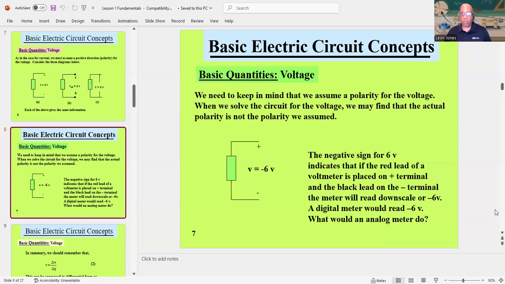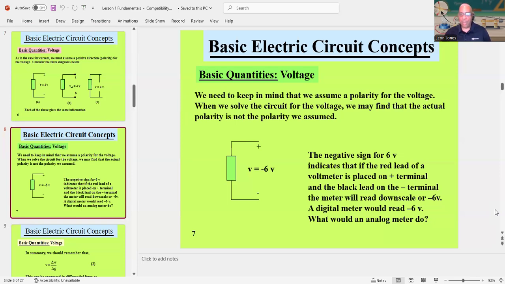So the negative sign for 6 volts indicates that if the red lead of a voltmeter is placed on the positive terminal and the black lead on the negative terminal, then the meter will read downscale or negative 6 volts. A digital meter would read negative 6 volts.